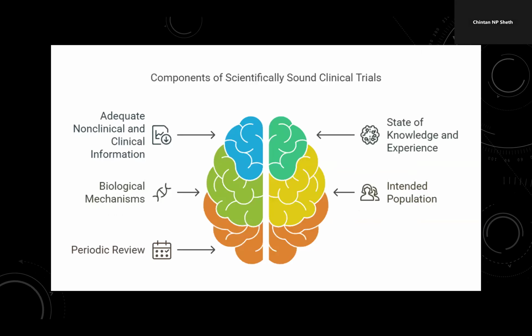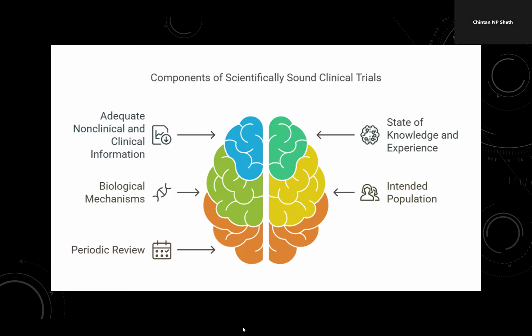The fourth one is about the components of scientifically sound clinical trials. That reads as: clinical trials should be scientifically sound for their intended purpose and based on adequate current scientific knowledge and approaches. The available non-clinical and clinical information on an investigational product should be adequate to support the proposed trial.